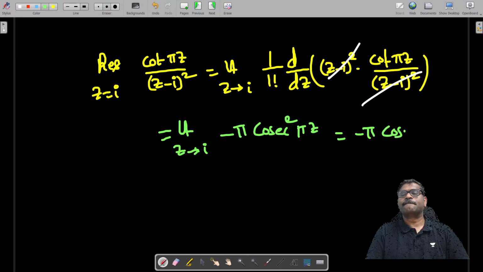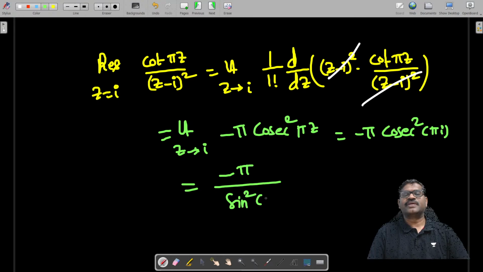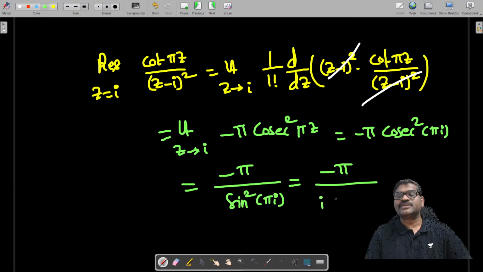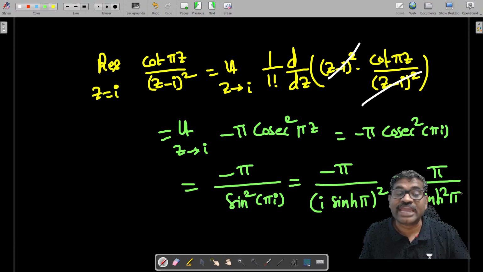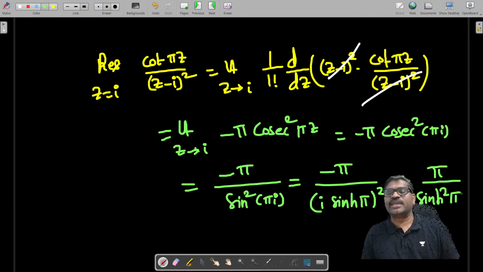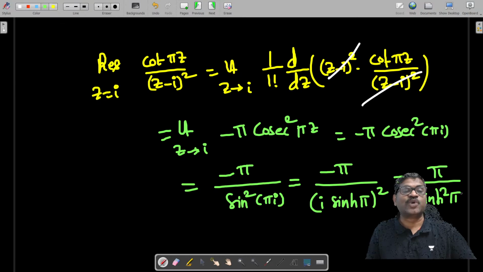Minus pi cosec square pi i, minus pi by sin square pi i, which can be written as i sinh pi whole square. Pi by sinh square pi.